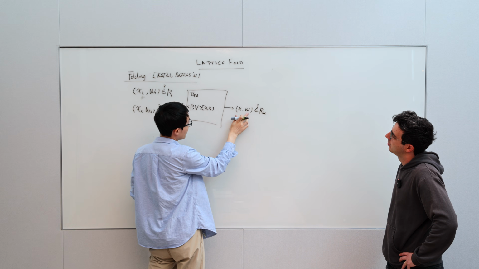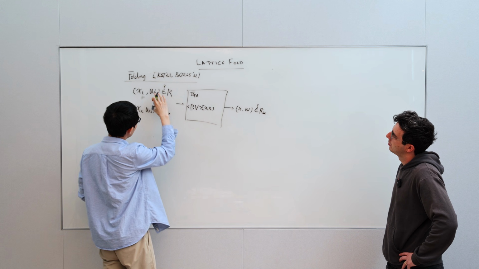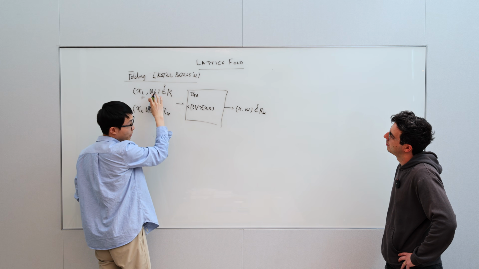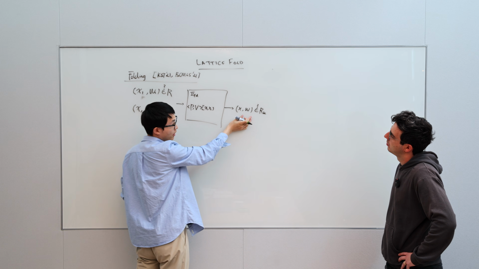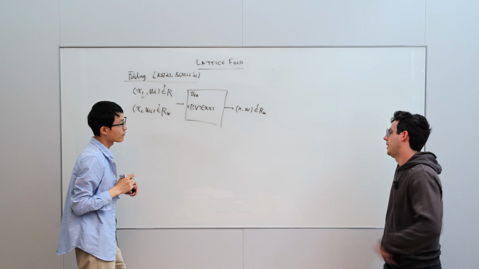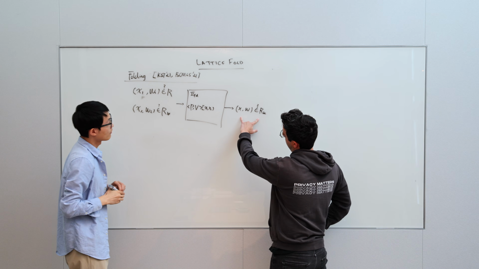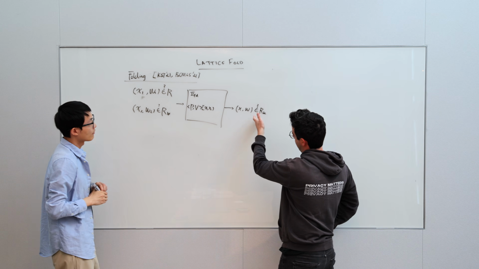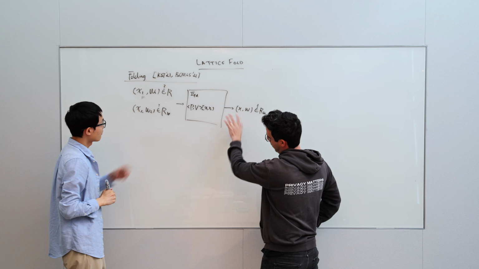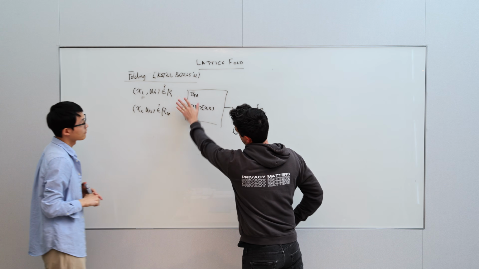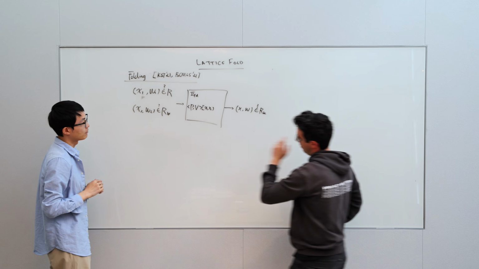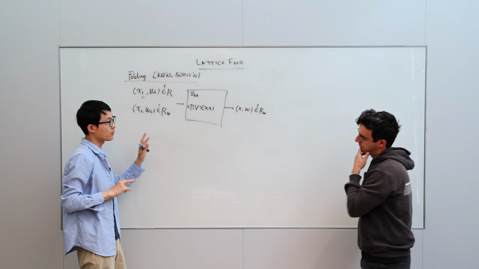And how to get w? The prover just converts the two previous witnesses into a new witness. So the idea is that this new instance fits, roughly, if and only if, with some probability of error, each of the original instances was satisfied in its relation.